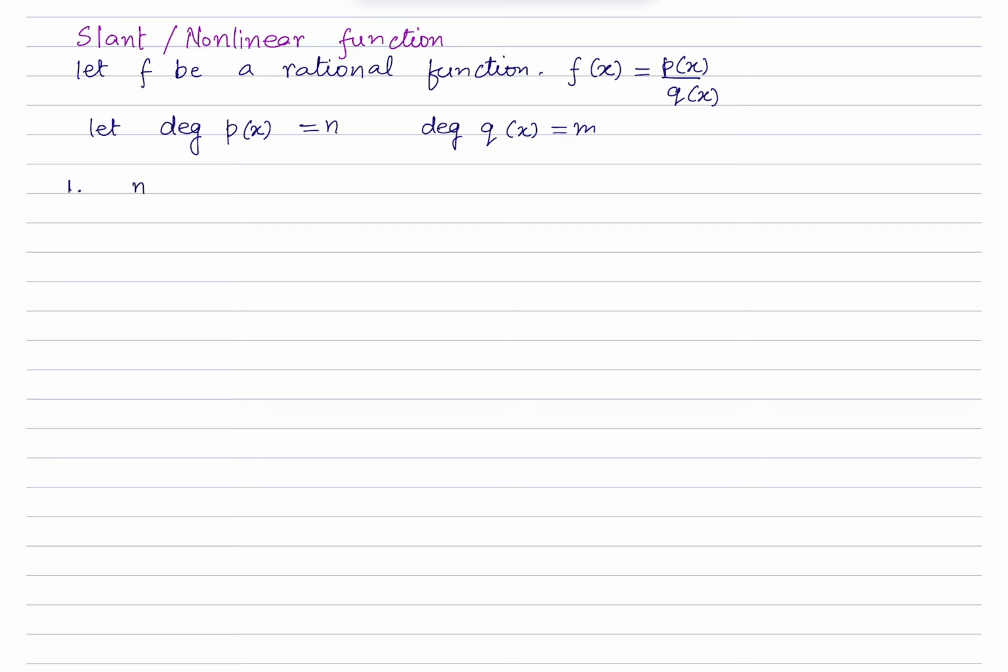If the degree of the numerator is equal to 1 more than the degree of the denominator, in that case you will have a slant asymptote.